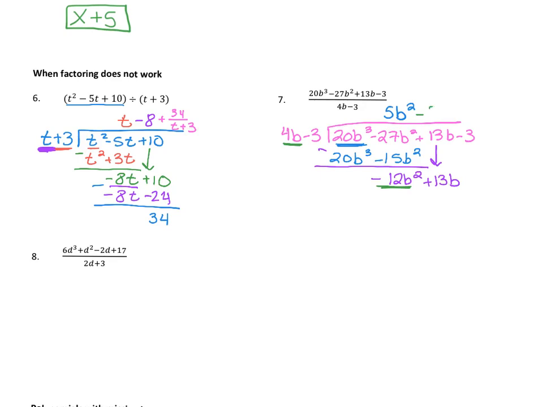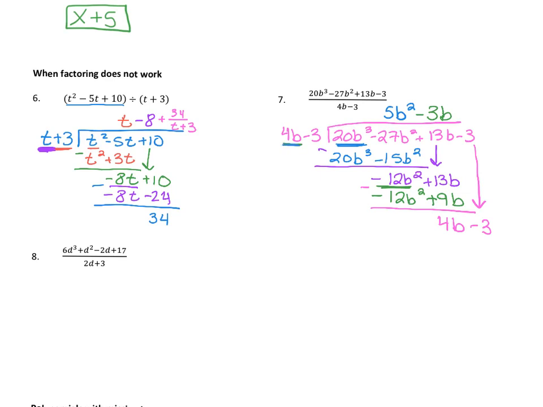Will be negative 3b. So I'm going to multiply that negative 3b again times 4b minus 3. So I'm going to get negative 12b squared plus 9b. And I'm going to subtract those, and I will end up with 4b. And then I'm going to bring down my last term, which is minus 3.